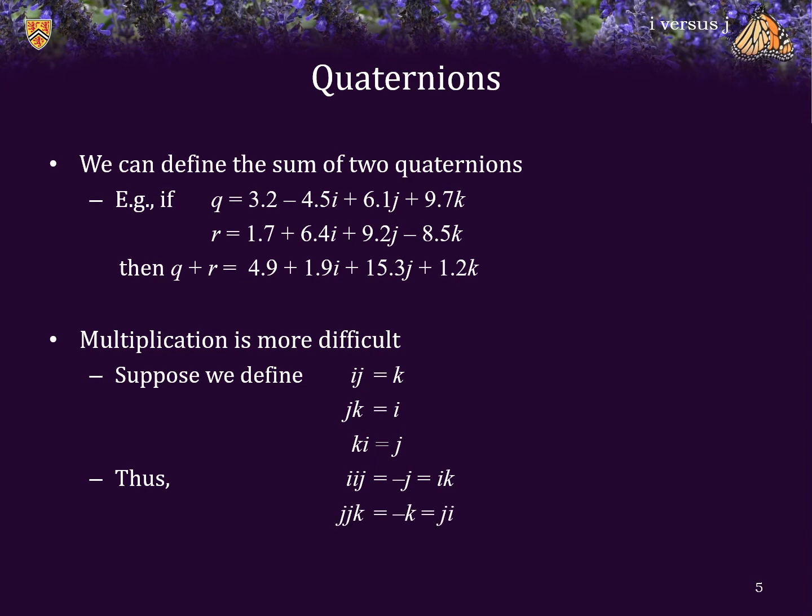Similarly, from the second equation, we get that j times i is equal to negative k, and from the third, k times j is equal to negative i. So the quaternions are not commutative. q times r is not equal to r times q.